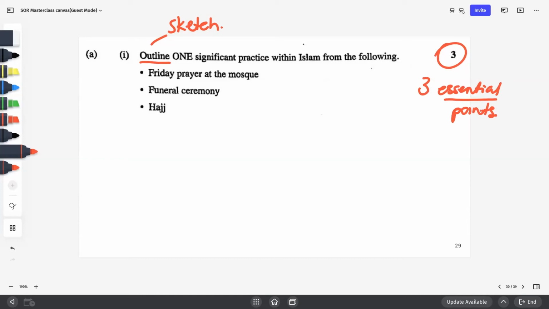Outline again, you can actually take that off and just put Hajj, we do Hajj. You put Hajj there, outline Hajj for 3 marks. You get rid of all of this. It's too distracting. We don't need it.